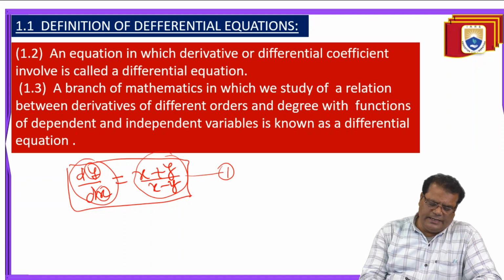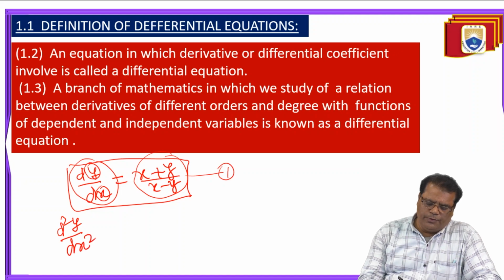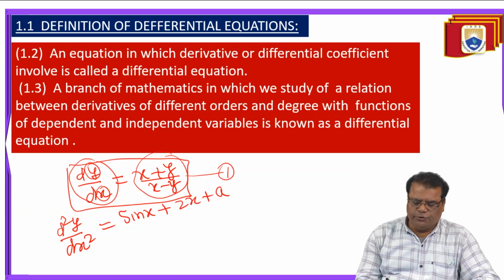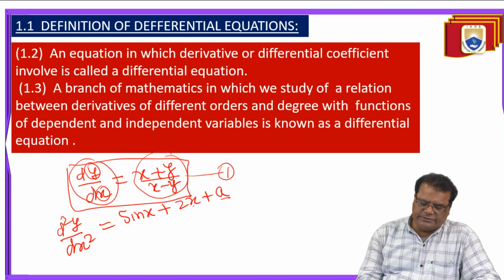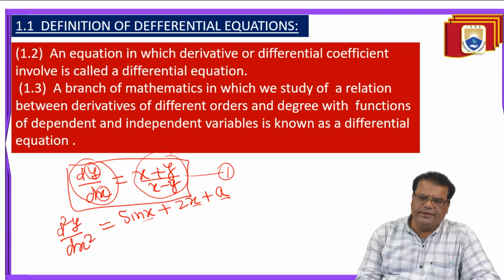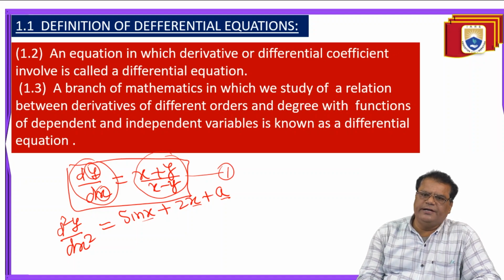Now next, another example: d2y/dx2 equal to sin x + 2x + a. Here a is a constant, x is the independent variable, sin x is a function of the independent variable, and y is the dependent variable.